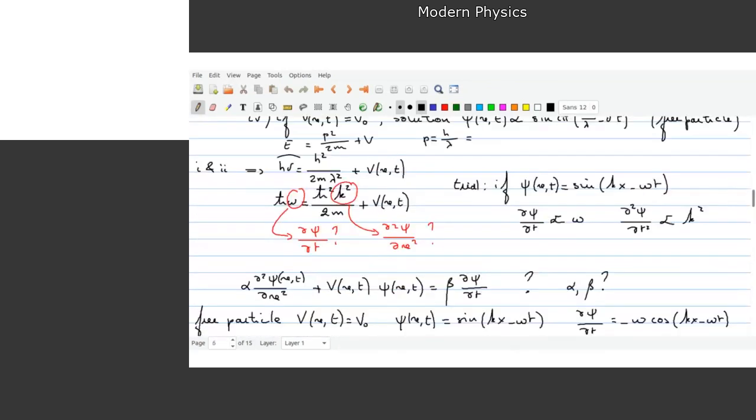So here, E, the energy, is equal to p squared over 2m. p is equal to h over lambda. We can also write it as h bar k, where h bar is equal to h over 2 pi, and k is equal to 2 pi over lambda.